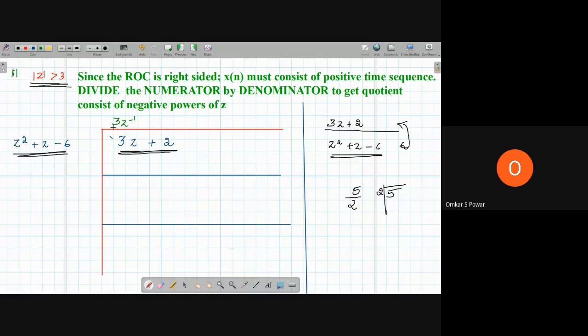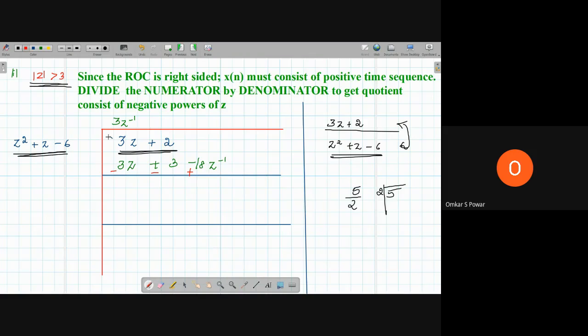So multiply this one. 3z⁻¹ into z² is 3z. Then 3z⁻¹ into z is 3. Then 3z⁻¹ into −6 is −18z⁻¹. Then you have to change the sign, so minus becomes plus, minus and minus.